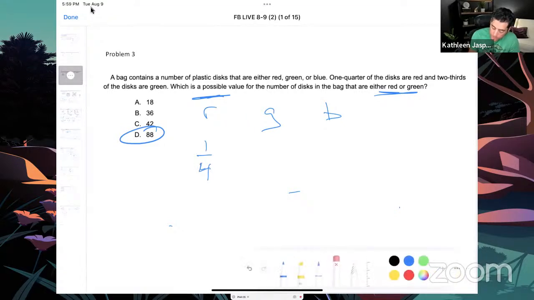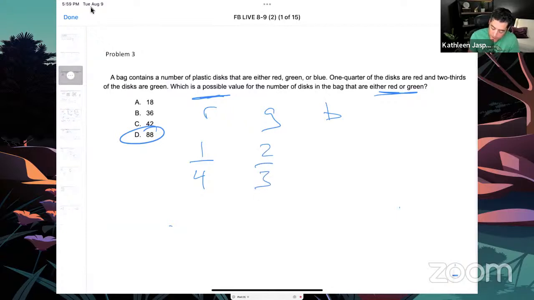We always have to have 100%, or same number over same number: 1/4 and 2/3, and then some number over some number, and equal it to 1. So plus some factor here.